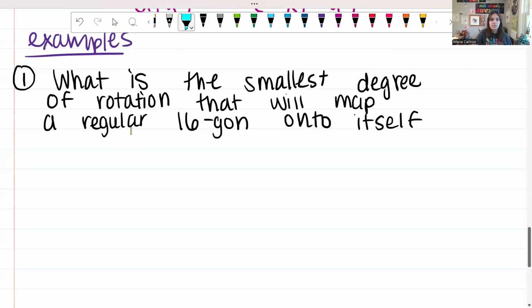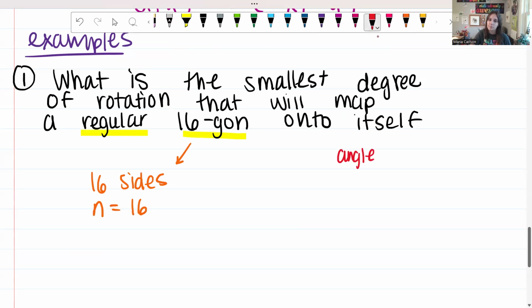So one key here is that this is a regular polygon, and this polygon that is regular has 16 sides, which means that n is 16. And please remember our angle of rotation formula is equal to 360 degrees divided by the number of sides we have.